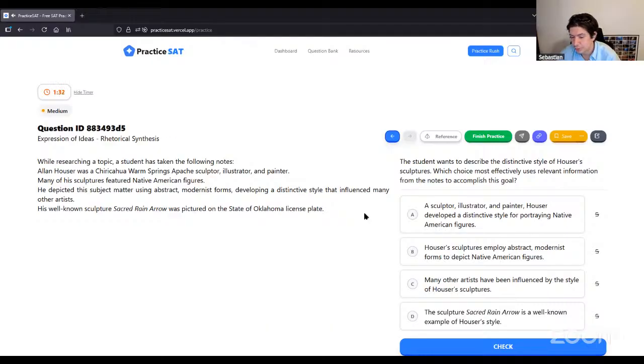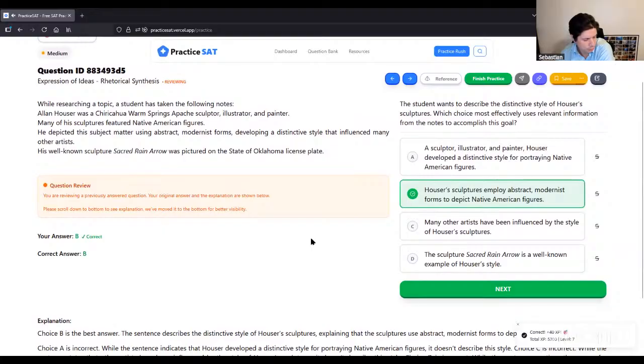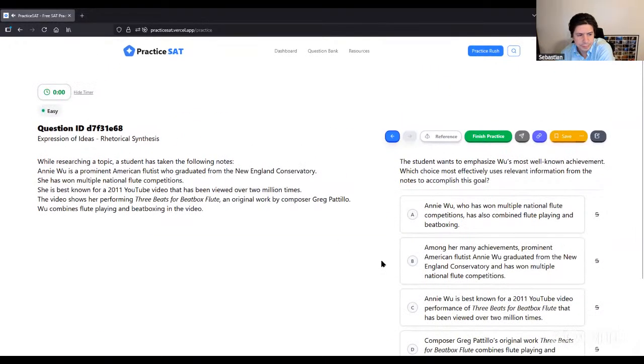The sculptures are well known. So see, this is just telling us he's distinctive in A, but B actually tells us how it's descriptive. So it should be B. He depicted Native American figures using abstract, modest forms. So it should be that one. All right, I'll check this one.